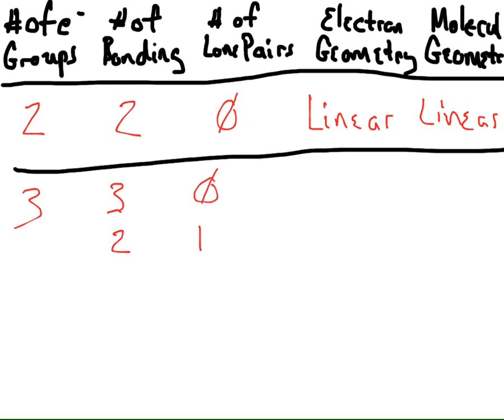Okay? So we said, what's the electron geometry called for 3 things? Do you remember? What is it? Trigonal what? Trigonal planar. It is a flat triangle. Yes, and that's the same for both cases. Because the electron geometry, we only consider those groups of electrons.